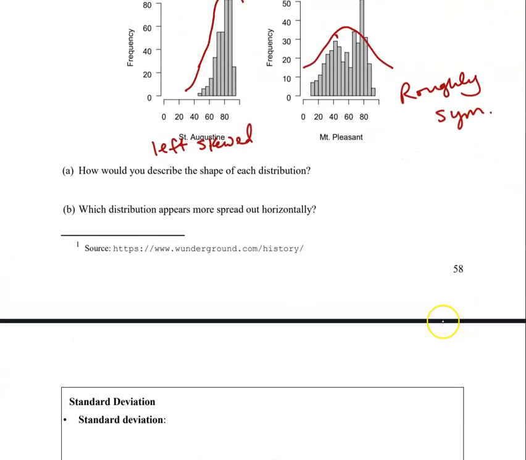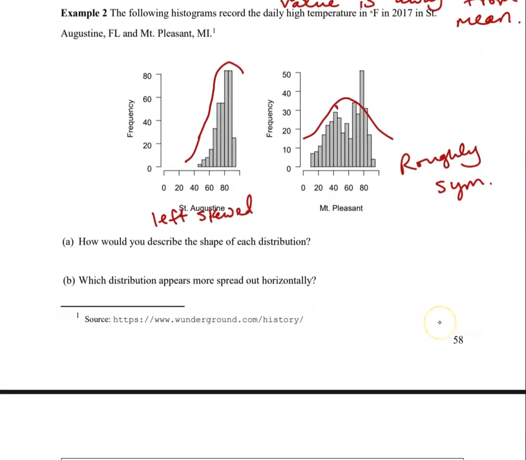So we could use standard deviation to compare the two, but if we just want to do it visually, one way to do this is to literally look at the range. So the range for St. Augustine goes from about 45 degrees maybe, 48 degrees, something like that, up until about 95 maybe.